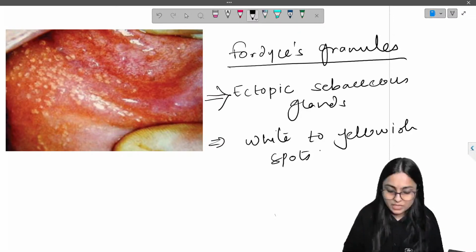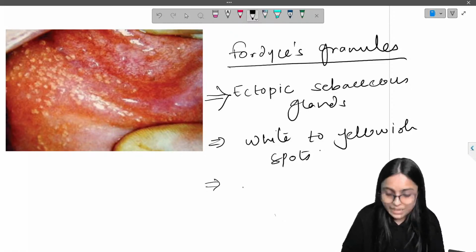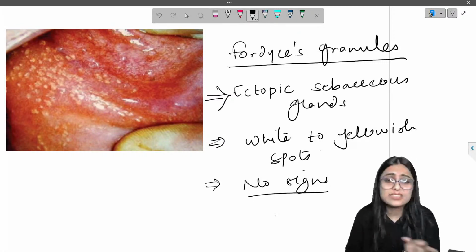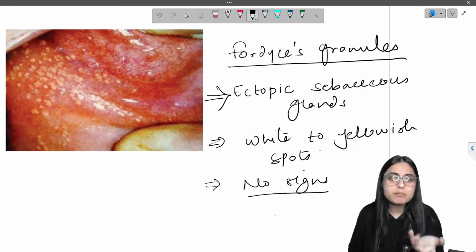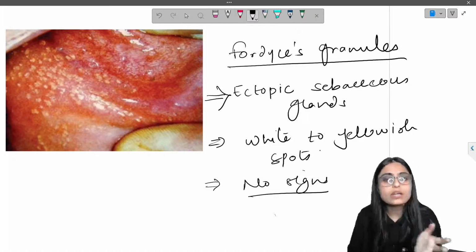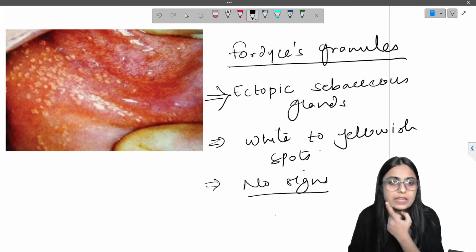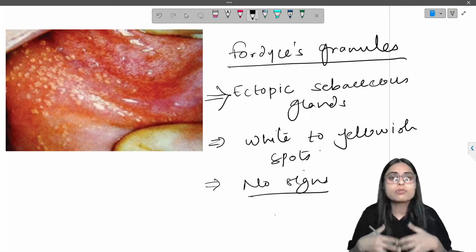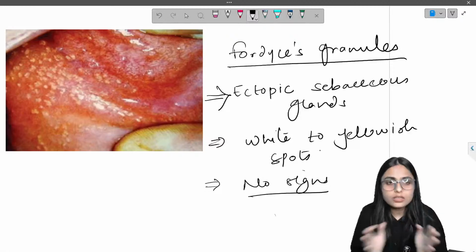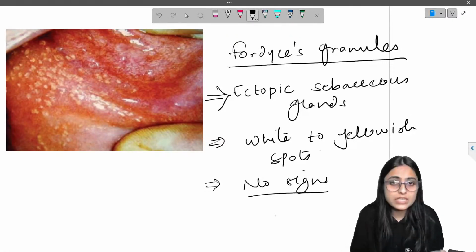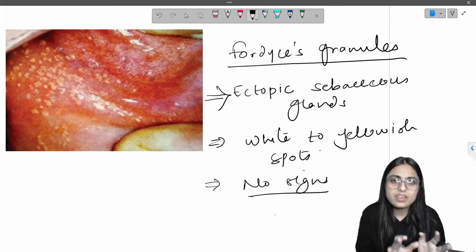Many patients will not have any pain or any burning sensation, nothing at all. But some patients will just notice it, and they'll ask you what this is. So you have to counsel the patient. It is not a harmful or dangerous condition. It is just a normal variation.